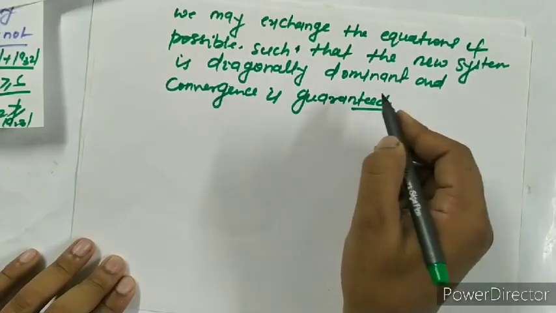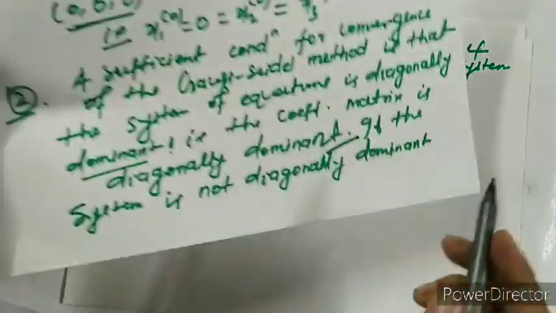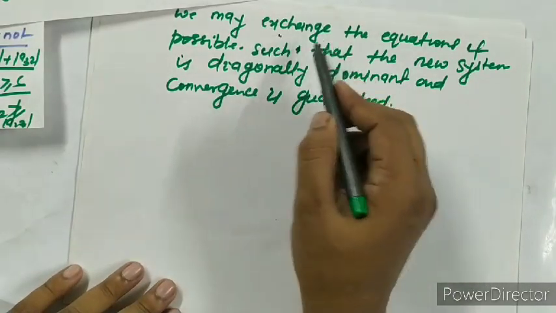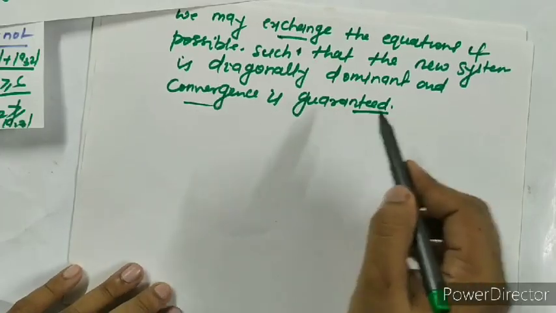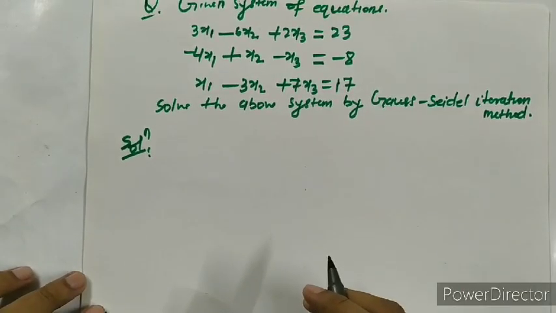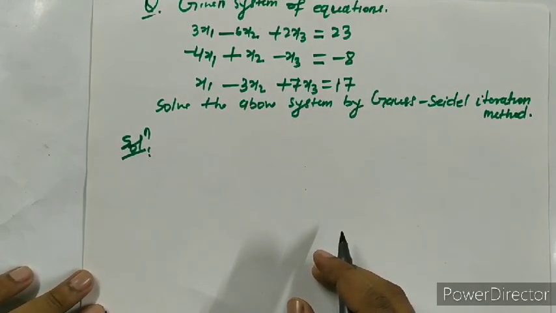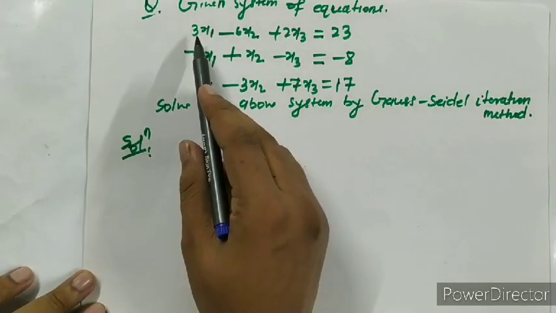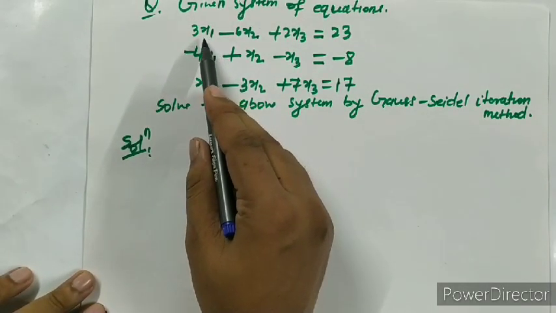Okay, is it clear? अगर डायगोनली डोमिनेंट सिस्टम दिया होगा तो ठीक है, नहीं दिया होगा तो उसको इक्वेशन को एक्सचेंज करके डायगोनली डोमिनेंट बनाएंगे। तो अगर डायगोनली डोमिनेंट हो जाएगा तो कन्वर्जेंस की क्या गारंटी है? सो स्टूडेंट्स, we have system of equation and we have to solve it by Gauss-Seidel iteration method. So what we have to do in first step, first we see the aii for all i should be non-zero.